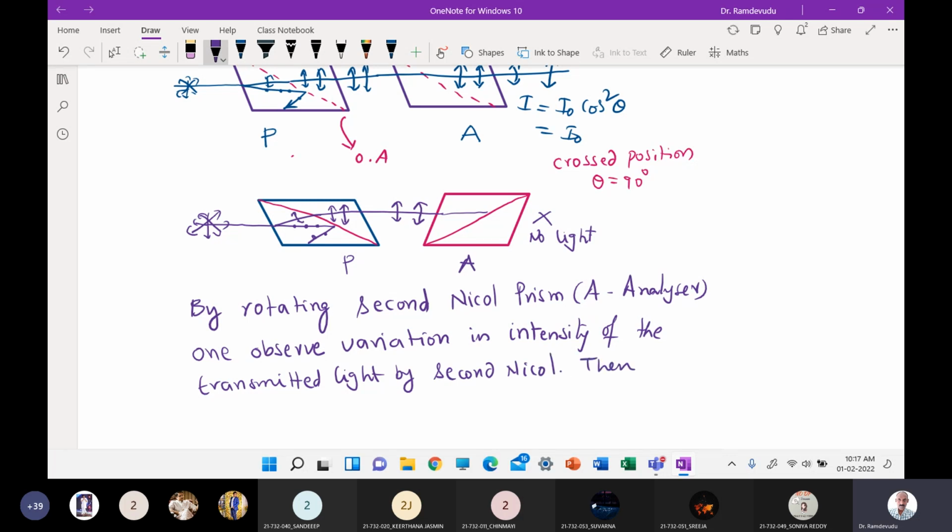Then we say the incident light is polarized. We confirm that the incident light is polarized.